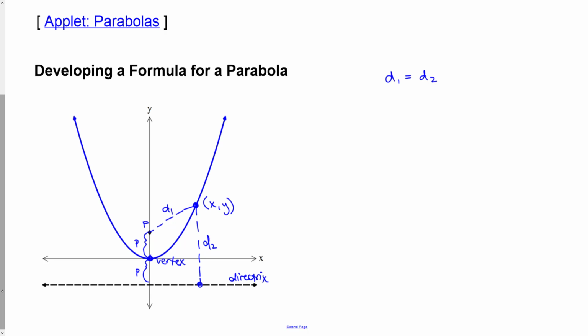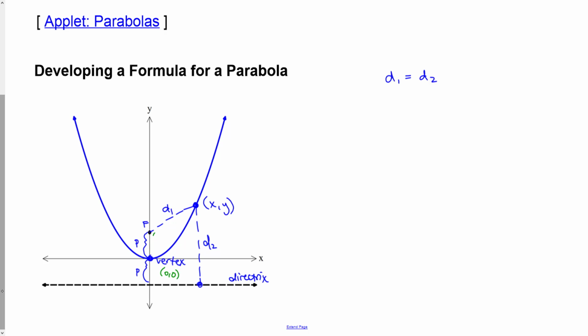Now, I'm going to give coordinates to the focus based off of that. The vertex, I will say, is located at 0, 0. I can locate it at h, k, but in order to derive this formula, it's going to be easier for us to assume the vertex is at 0, 0, and then use shifts and translations in order to move it later on.